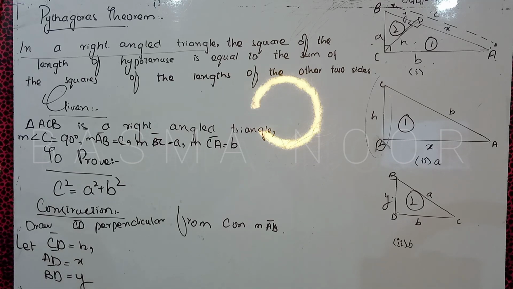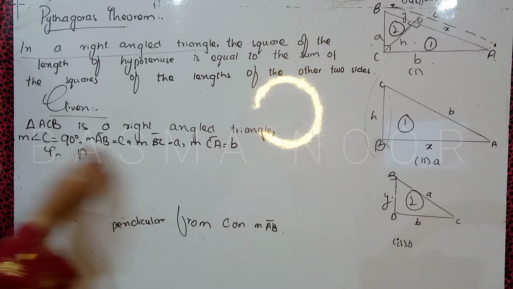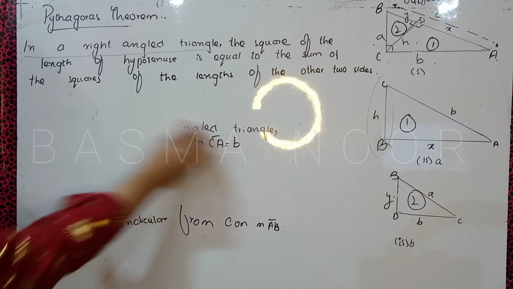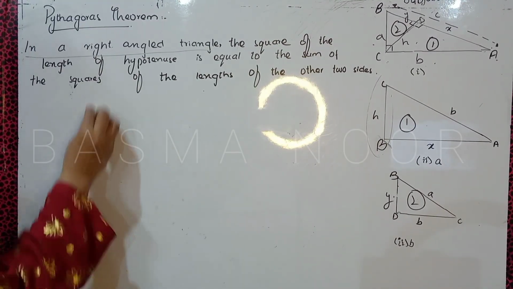So now let's prove this theorem using statements and reasons. Let me erase this first. Simply we are going to prove C square is equal to A square plus B square. Okay, I have erased this.